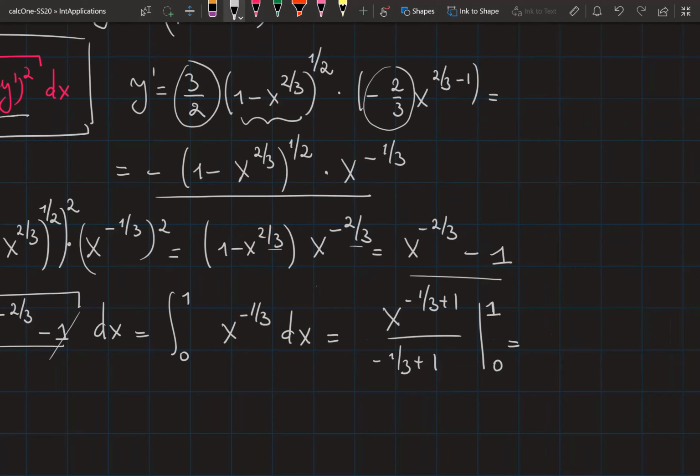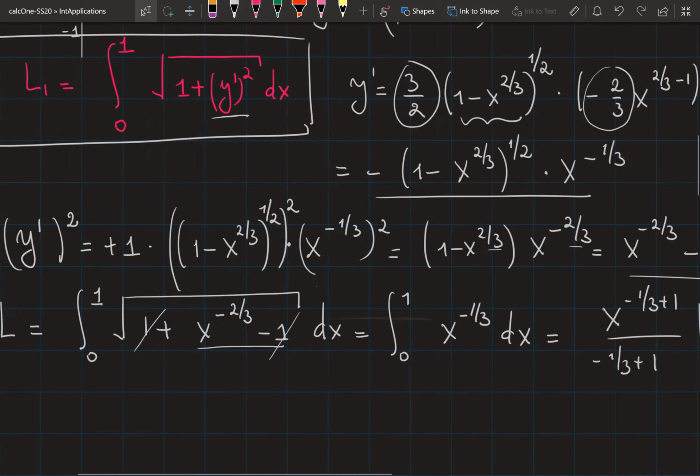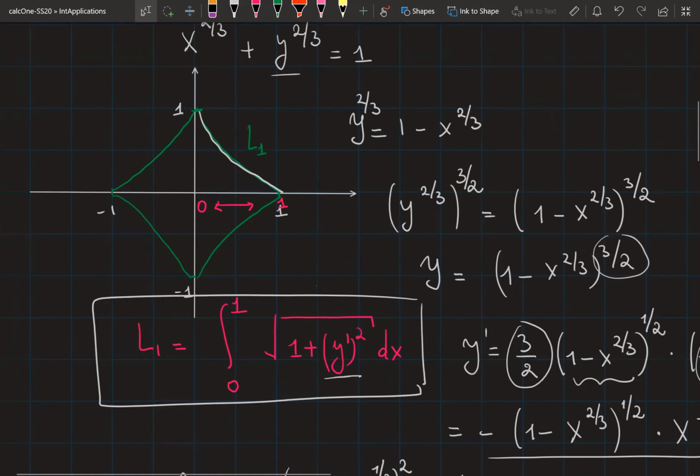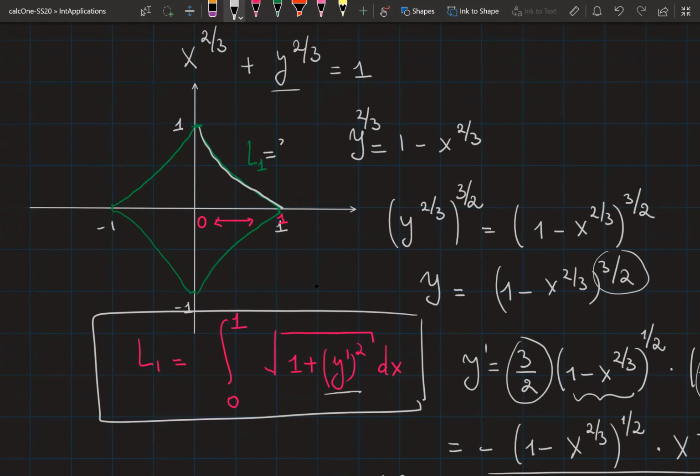If it goes up, it's going to be 3 over 2, right? If you substitute the 0, obviously instead of x you're going to get simply 0. So the length of this part of the curve is equal to 3 over 2. That is why the overall length is going to be 4 times 3 over 2, which is equal to 6.